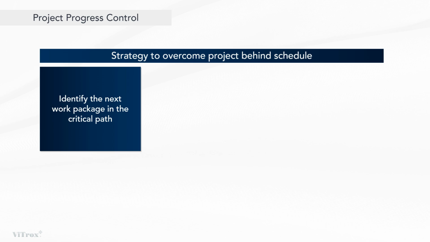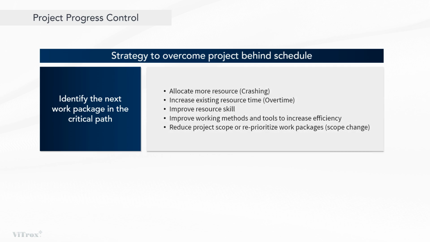Once the next work packages in the critical path have been identified, the project manager can use various strategies such as allocating more resources or crashing, increasing the existing resource time or overtiming, improving the resource's skill, improving the working methods and tools to increase efficiency, and reducing the project scope or reprioritizing the work packages through a scope change.